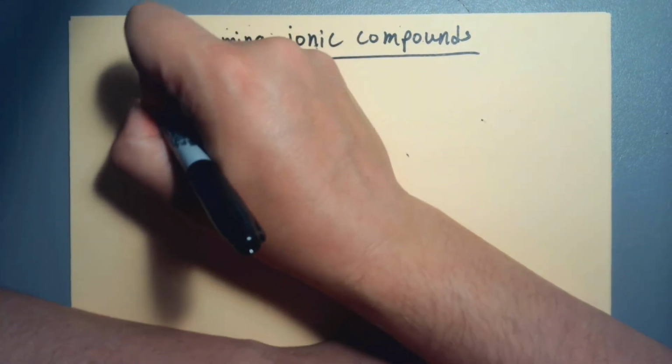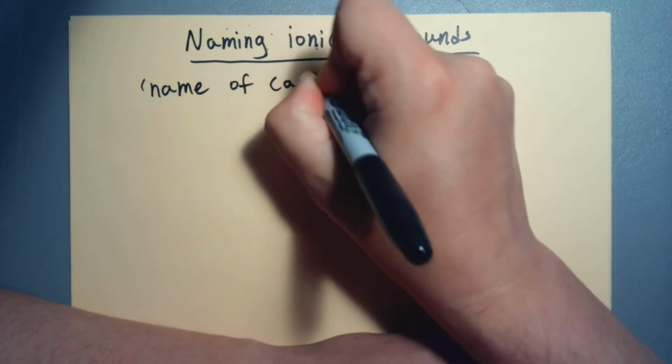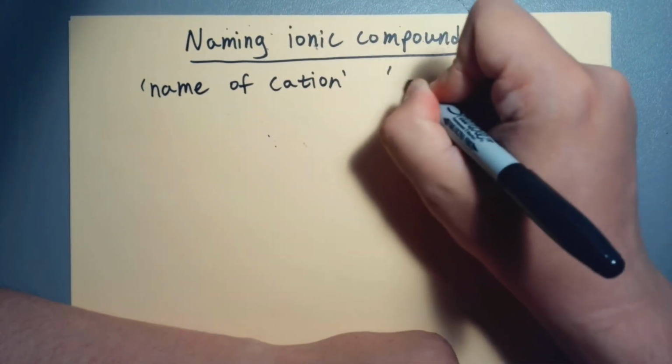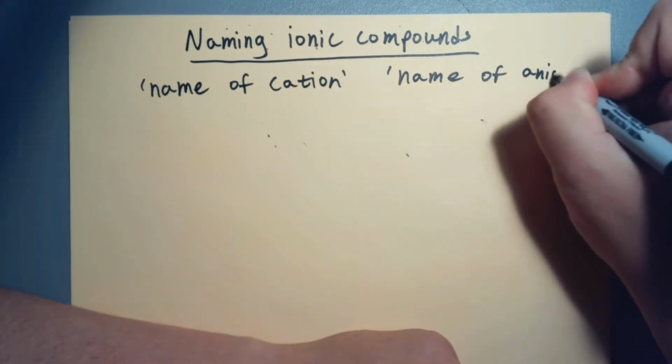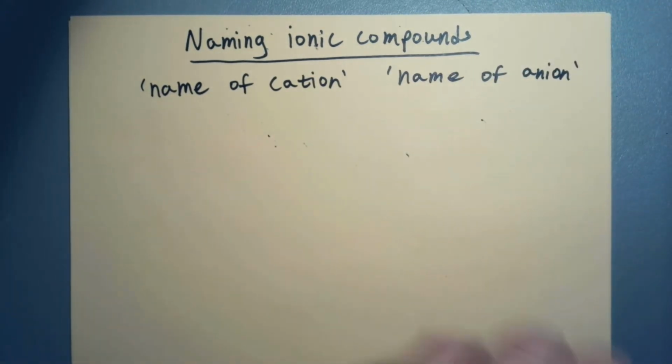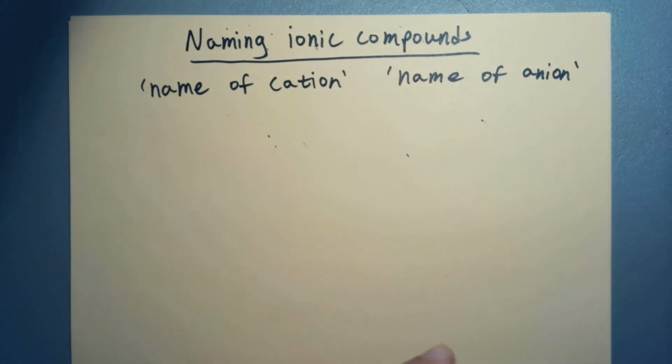You're going to go name of cation, and then you go name of anion. Okay, and there's going to be a little bit of tricks with the name of the anion, but the cool thing about the cations is it's just the name of the element that it is.